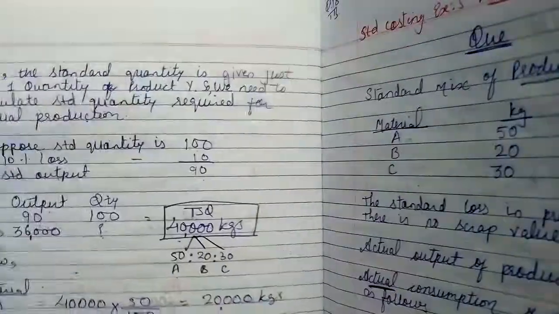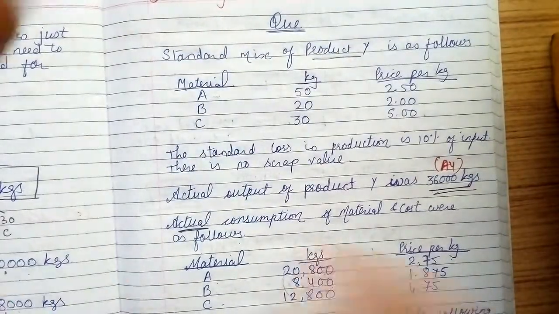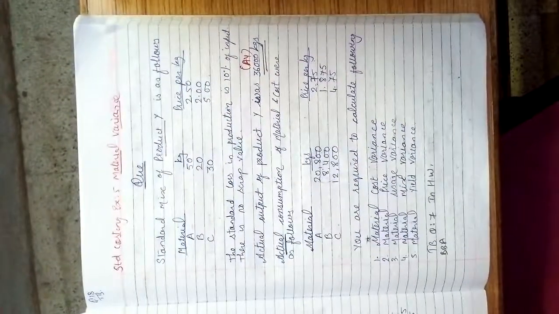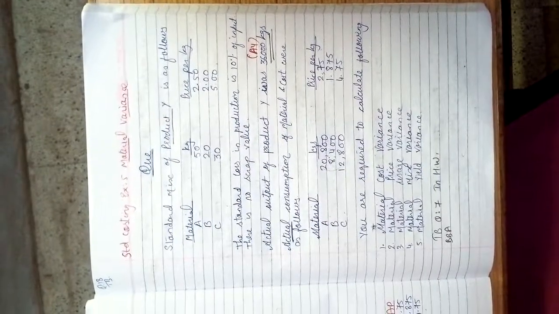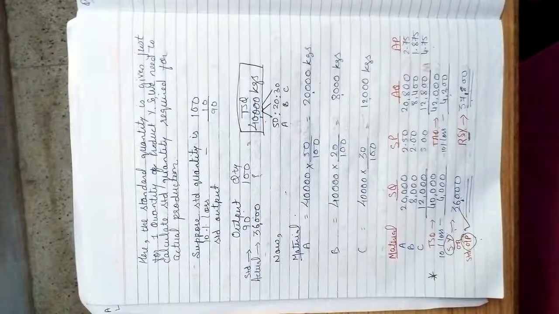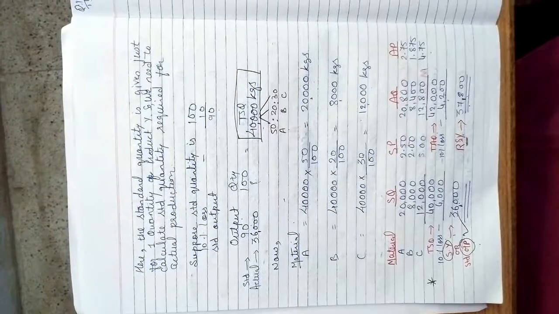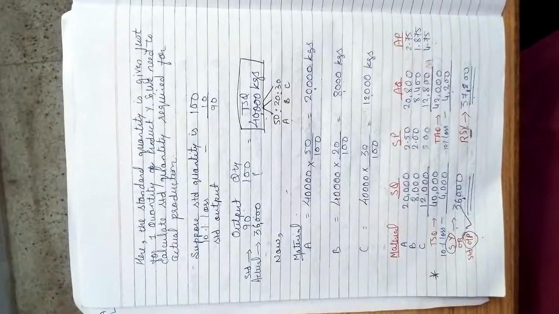So I am just changing the focus so that you can see the full page on screen. See, this is the question. Now calculation of your total standard quantity and standard quantity of ABC each and the important table.